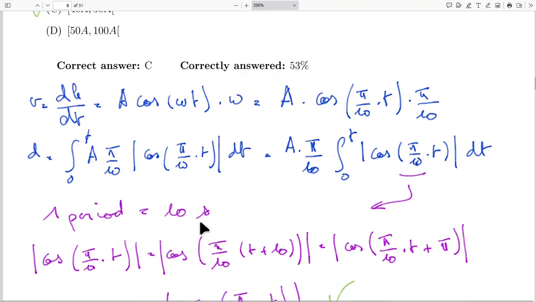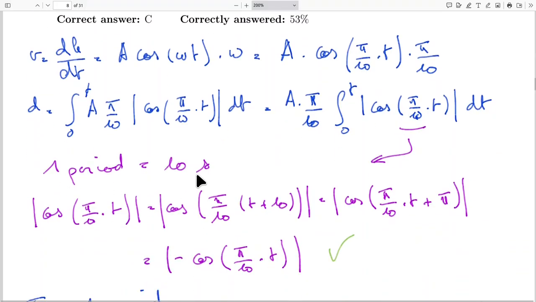Now π/10 times t means one period is 10 seconds. You can easily see that if you add 10 seconds to the cosine, you start off with the absolute value of cos(π/10 t). That's equal to the absolute value of cos(π/10 (t + 10)), or the absolute value of cos(π/10 t + π), and that's equal to the absolute value of minus cos(π/10 t).